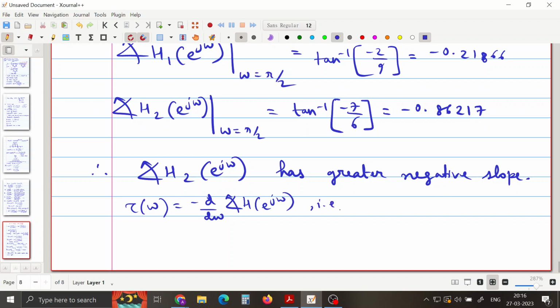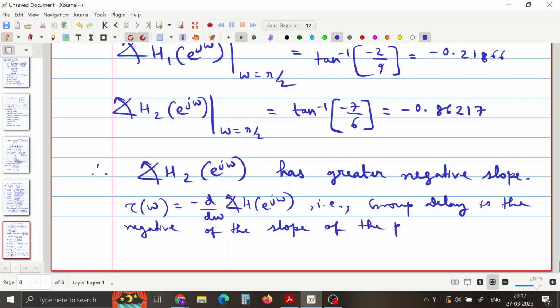That is, group delay is the negative of the slope of the phase response.